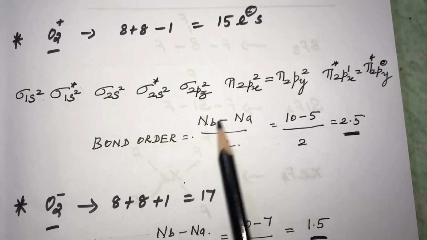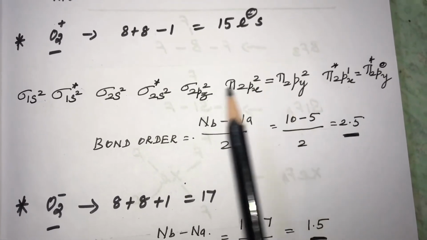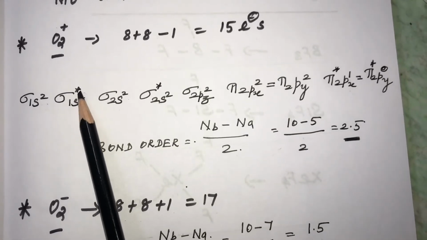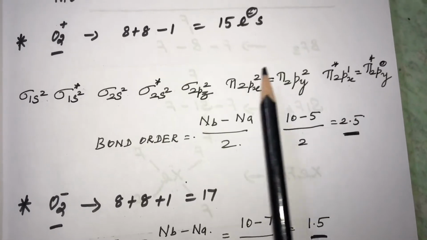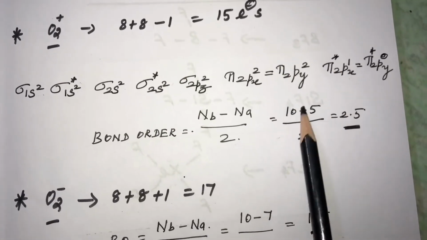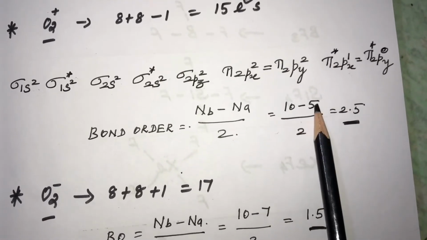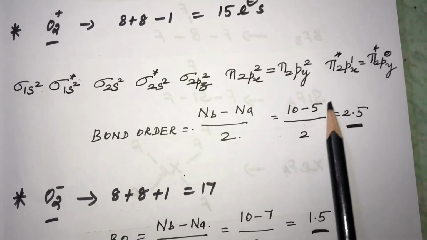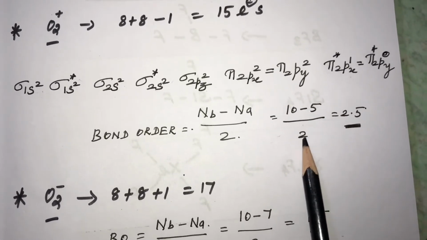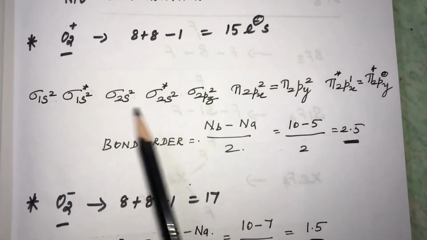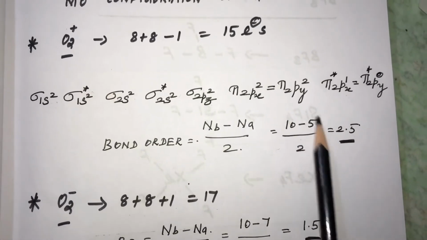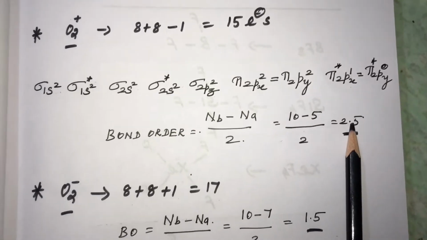Number of bonding electrons is 10. Number of antibonding electrons, the starred ones, 2, 4 and here 5. So antibonding electrons 5. 10 minus 5, so 5 by 2, 2.5. So the bond order of O2 plus is 2.5.